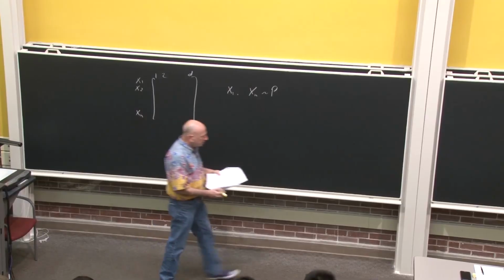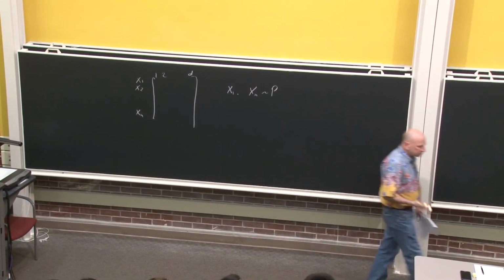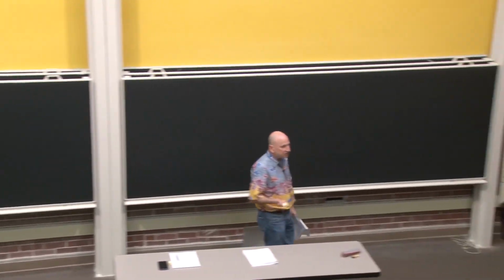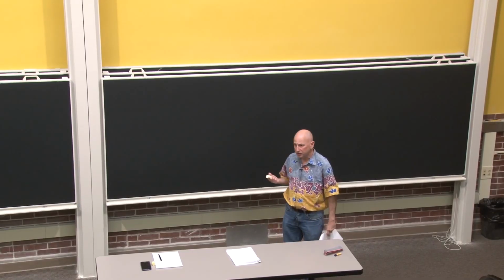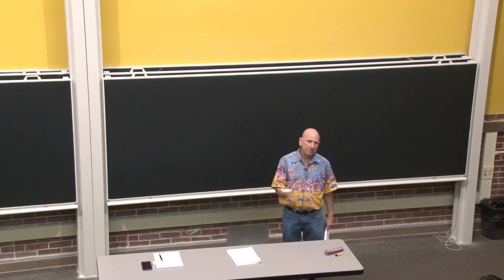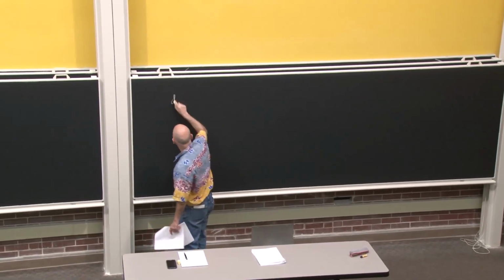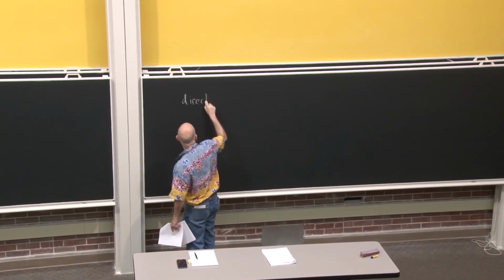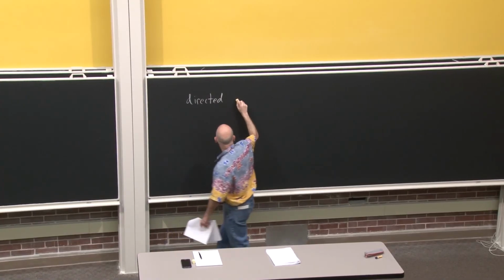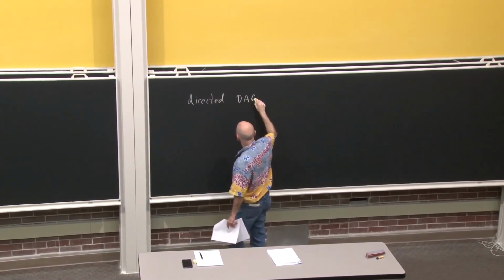Now graphs, graphical models, which now we're talking about some graph that's related to some probability distribution in some way. There are many, many, many different types of graphs. The most common ones are directed, in fact directed acyclic graphs, DAGs, and undirected.